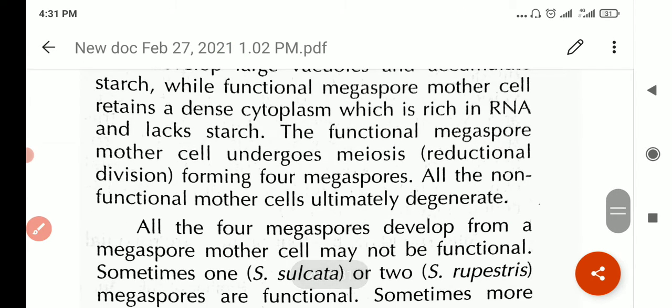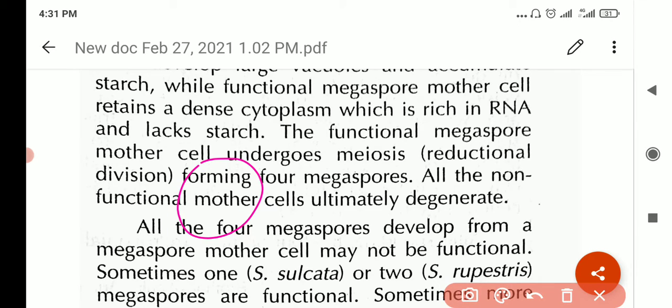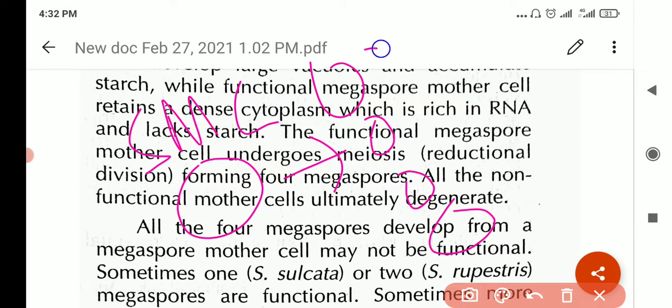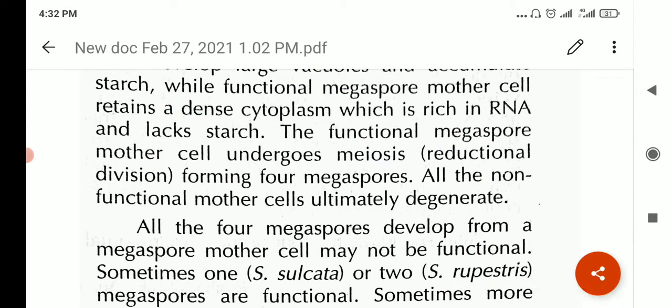Then the functional megaspore mother cell will undergo meiosis, forming 4 megaspores, and the non-functional ones will degenerate. So one spore mother cell will undergo meiosis into 4. Out of that, 3 will die off, they degenerate, while this functional one will remain.